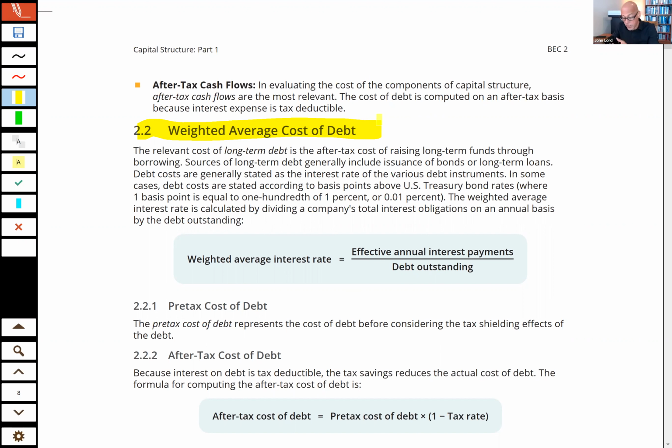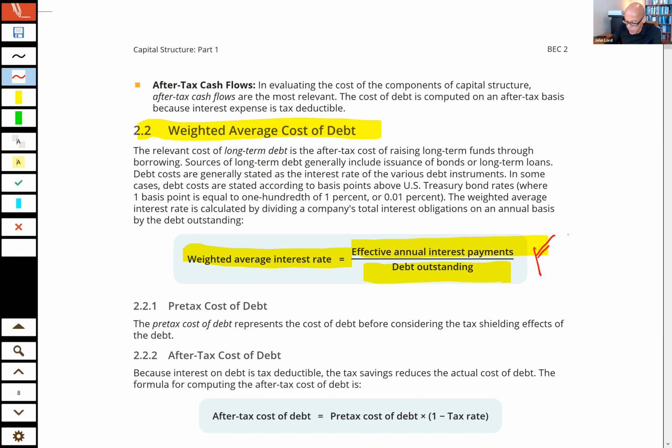And then when we look at equity, we're going to see that there are actually 3 different methods that we can use, and we may average those 3 different methods to come up with the cost of our equity. So to calculate the weighted average interest rate is to take the effective annual interest rate of the company and divide that by the debt that was outstanding for the year.